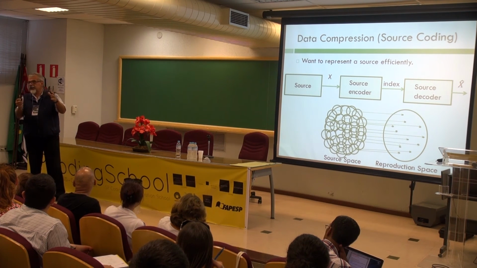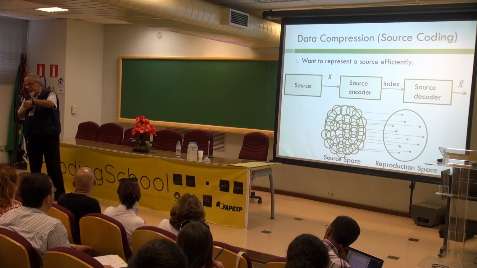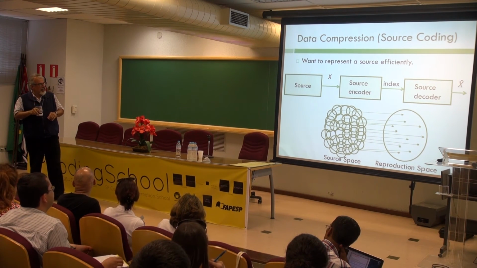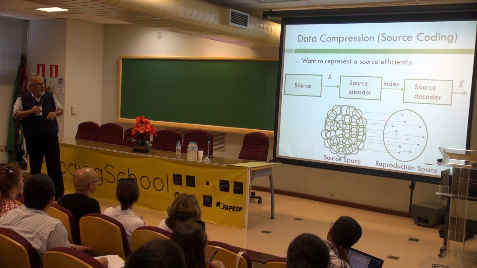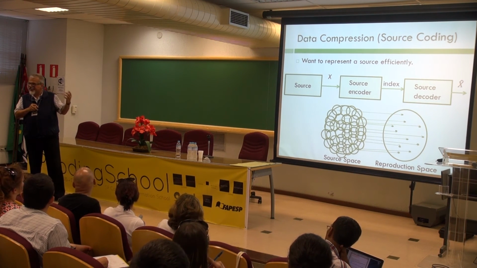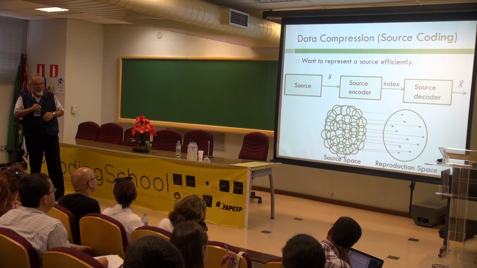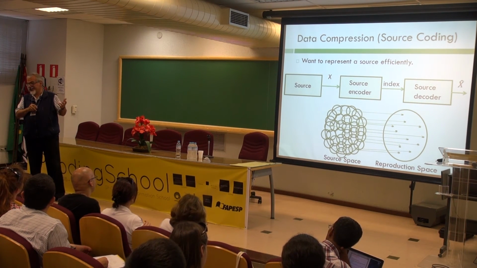But maybe it's not in the menu, right? In the menu there's something that's an approximation, and that's sandwich number 5. So I would like to have sandwich number 5. Here's the sandwich that comes out. And it's very close to the sandwich that you'd like to have, but not quite. This distance here is also called quantization error.